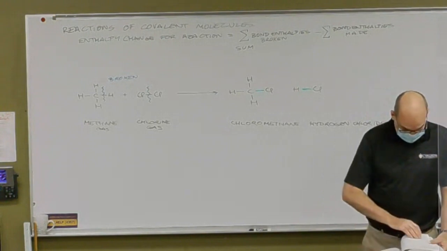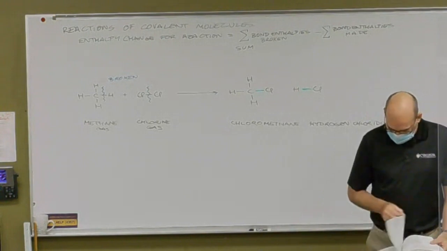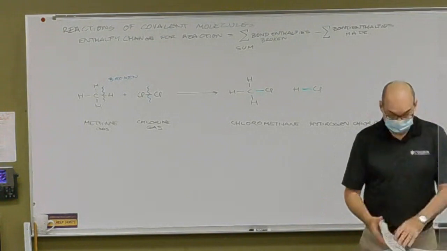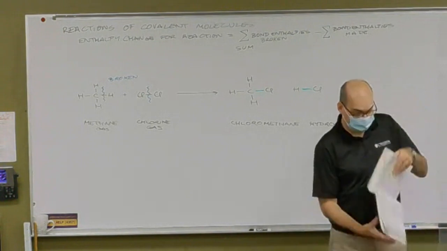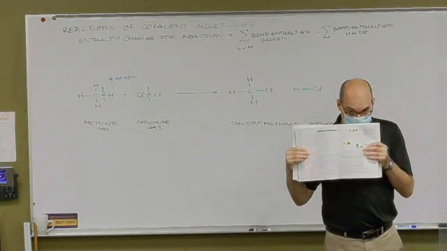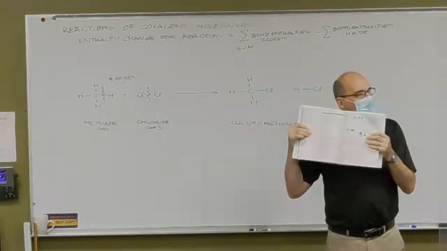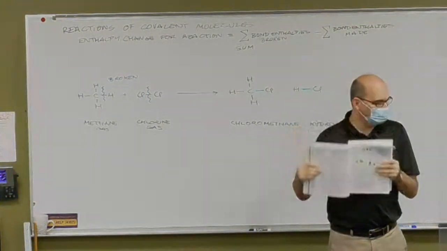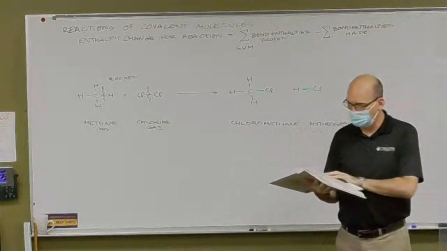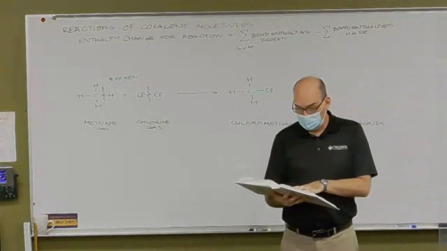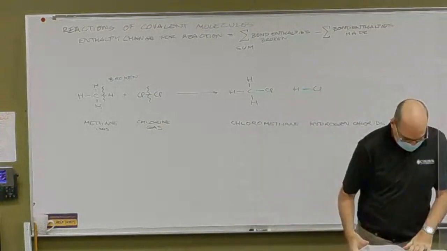Not quite. Unless it's B. No, no. There's no appendix, just the table in the chapter. Okay, bond enthalpies. So I have to look in this table and find some values.